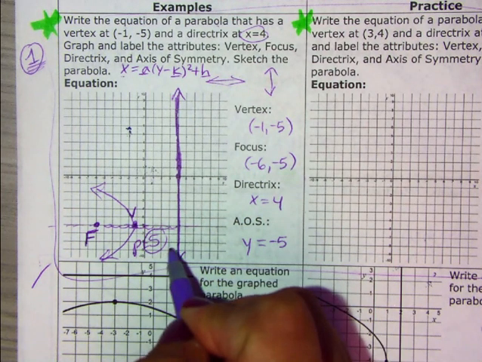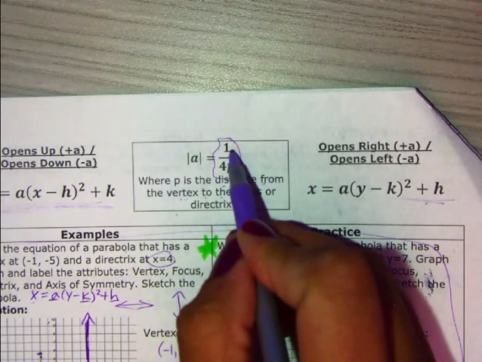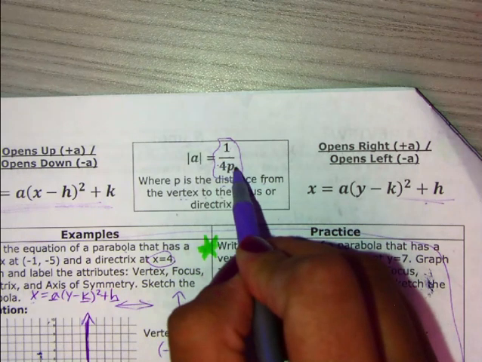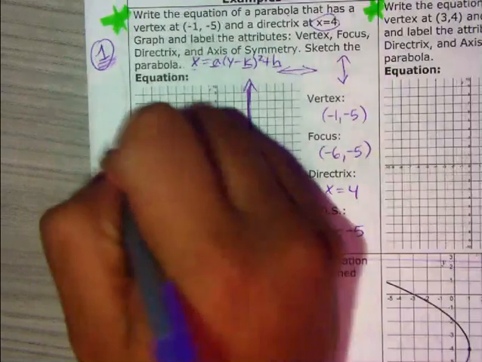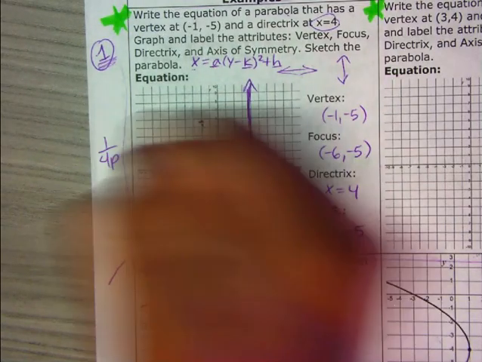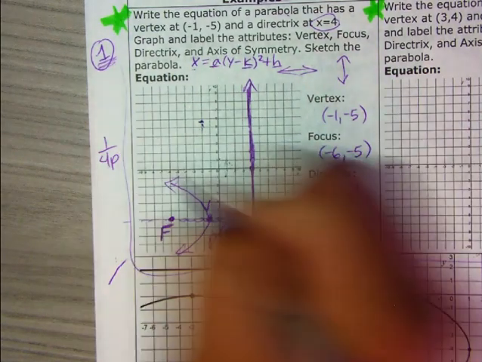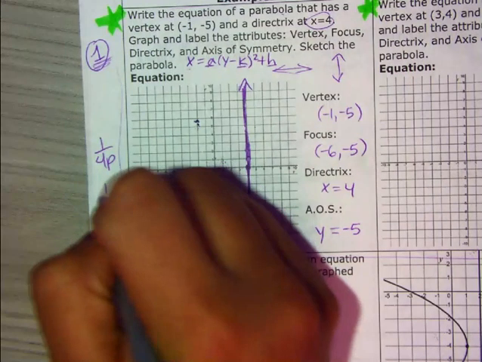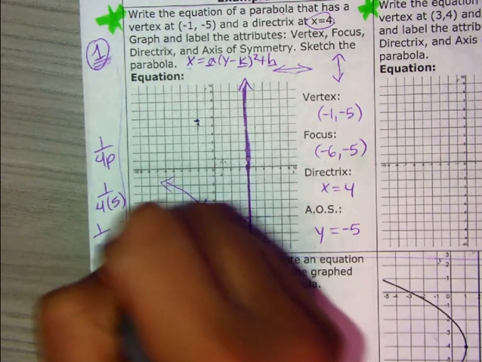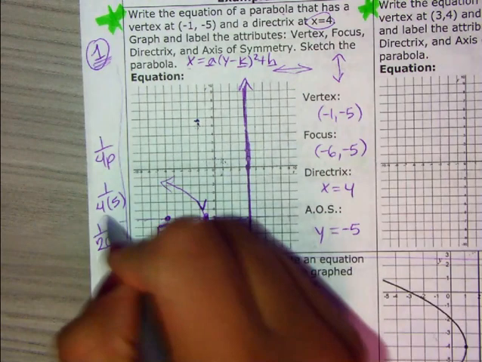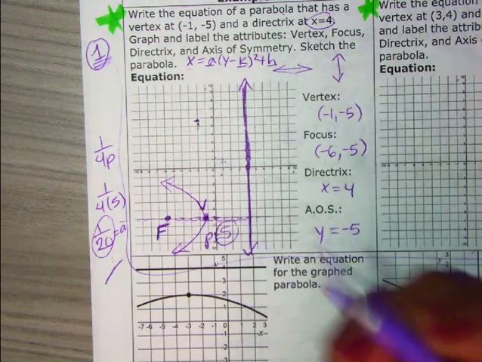Knowing that p is 5, we look at it as 1/4 times 5, and that's 20. So your a value ends up being 1/20. So I'm just going to write that down right here. 1/4p, we put that p value in there, so 1/4 times 5, and that ends up being 1/20. So that is your a value in the equation.